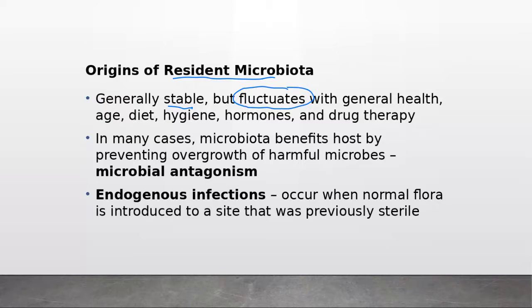In many cases, this microbiota is actually beneficial for the host because they protect us against the pathogenic flora. This is what we call microbial antagonism or microbial competition. So they compete with other flora, and many of these other flora are actually pathogenic flora. But they can also cause infection if they enter the sterile tissue.